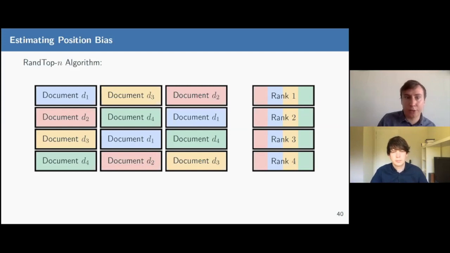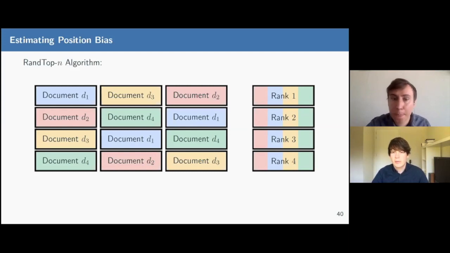So the only factor that can influence whether there was a click on rank 1 versus rank 2 is now the actual position of that rank. The position is exactly the thing that we want to measure. So you can just run this randomization process on a large amount of data, even before you start collecting clicks. And this gives you some estimate of how many clicks we expect to see at rank 1, rank 2, rank 3, rank 4, irrespective of what document we put there.